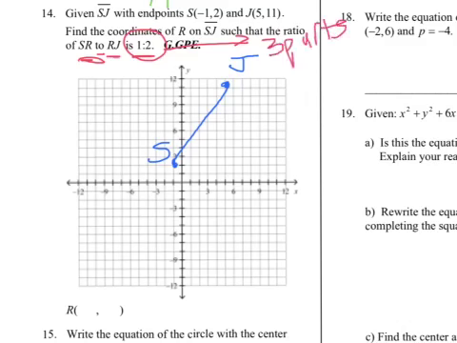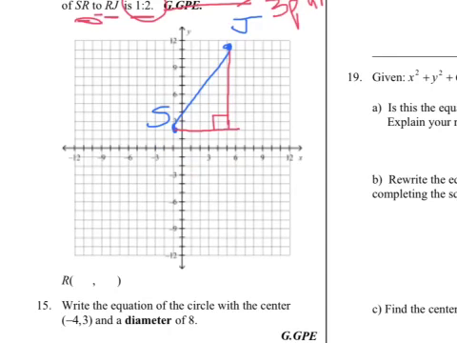The first thing that I like to do is draw a right triangle, connecting the two points, and then I try and find the rise and run to figure out how far. So in our case, I'm going from a -1 to a 5, so this would be 6 units over.